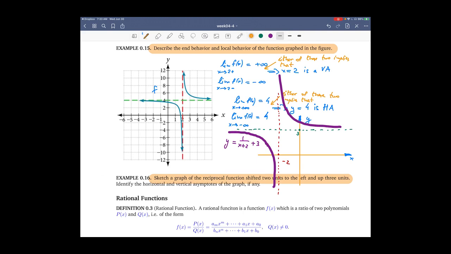And again, x equals -2 is a vertical asymptote, and y equals 3 is a horizontal asymptote.